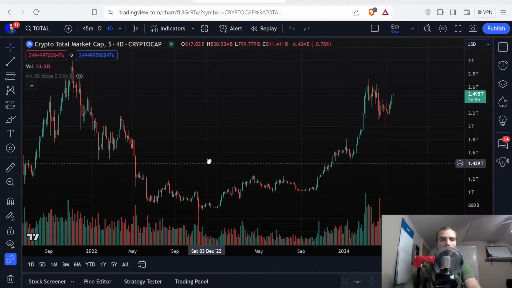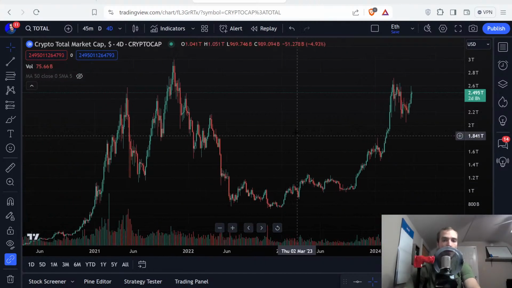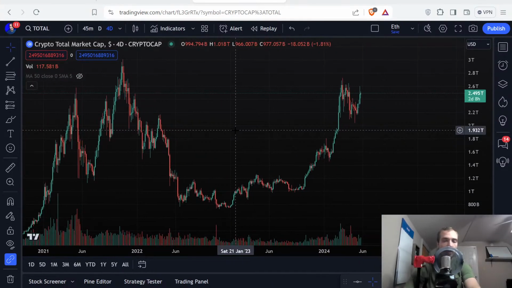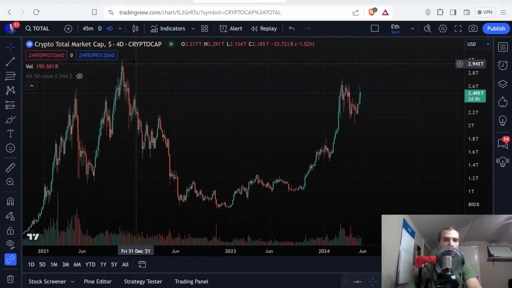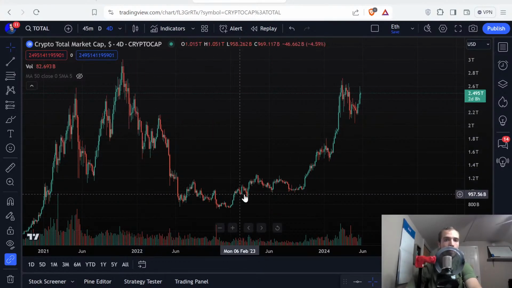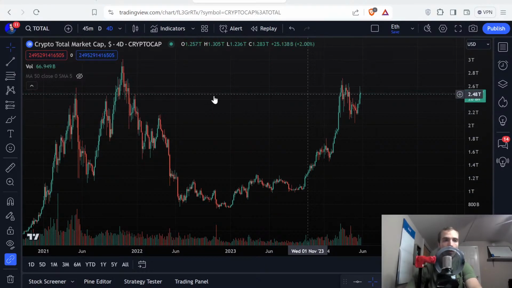The first thing I want to show you guys today, and we've talked about this in my videos previously a little bit, is that there's a giant rounded bottom here on the total crypto market cap.